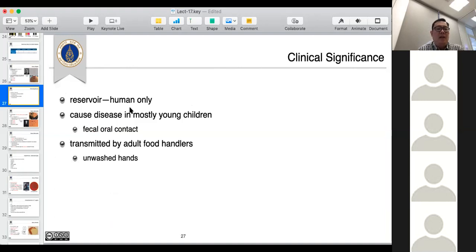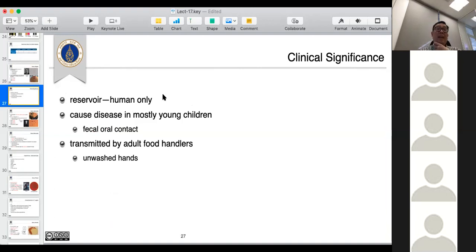Shigella stays in humans, so humans are the main reservoir. We do not find Shigella in other animals. They spread by fecal-oral contamination.